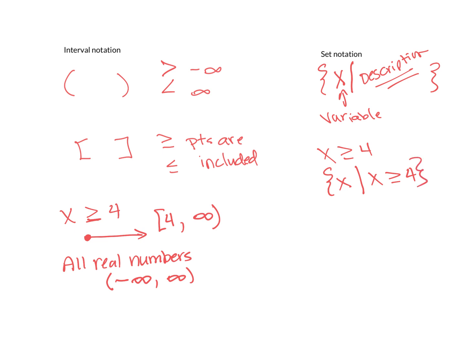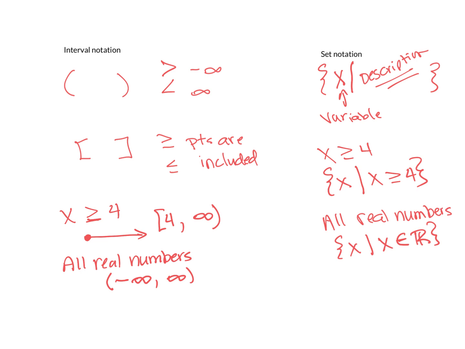All real numbers here is a little different because we actually have a symbol that means all real numbers. So we would say x, then an almost E-like symbol, and then the symbol for all real numbers. Mathematics has its own symbolism, just like learning any other language.